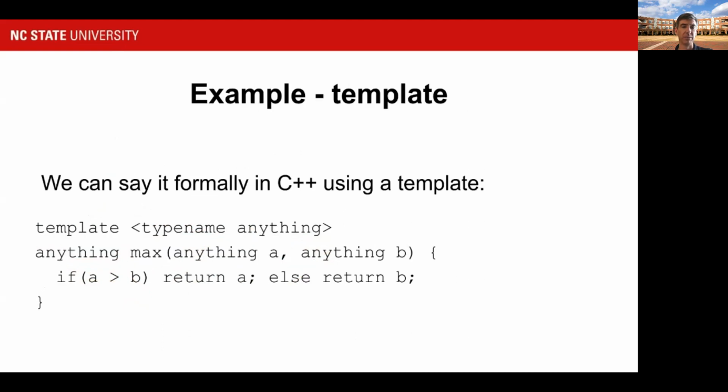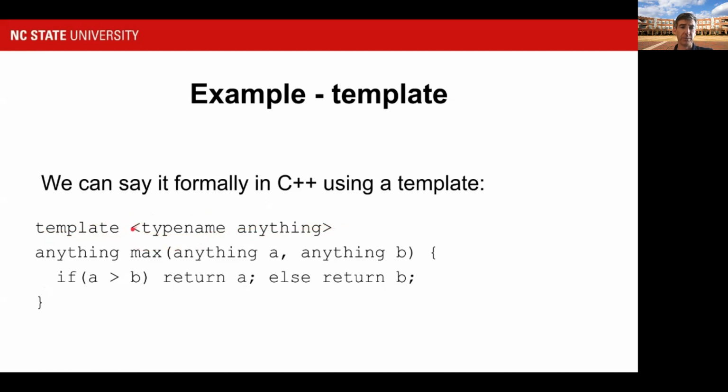Well, amazingly enough, we can do that with C++. What we have to do is create what's called a template, and we have to use the template keyword. This template keyword tells the compiler that this is a pattern for how we're going to make some code. And the pattern is going to be specialized by a type name that we call anything.